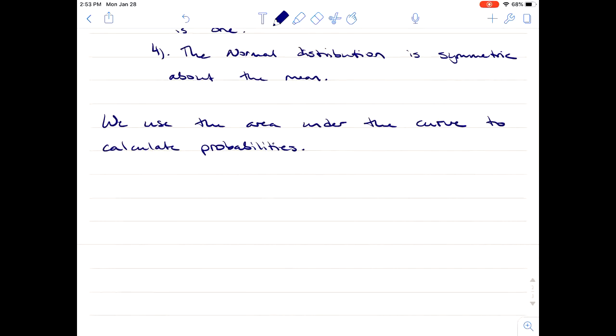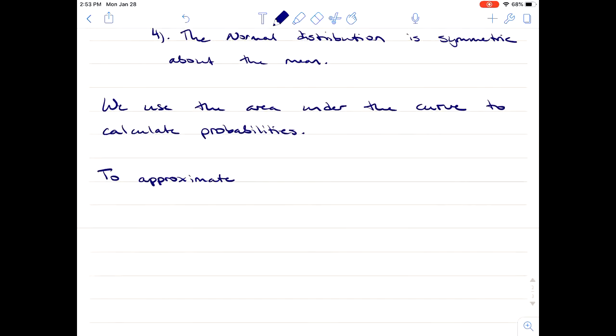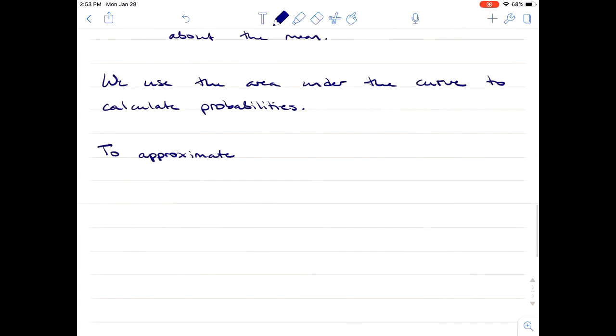To approximate areas under the curve, we're going to use the 68, 95, 99.7 rule. Catchy.